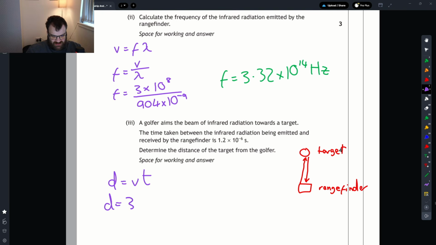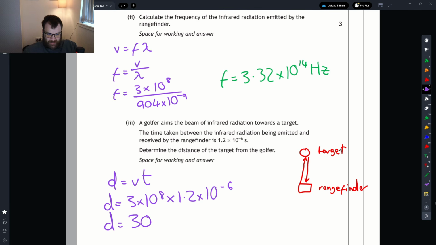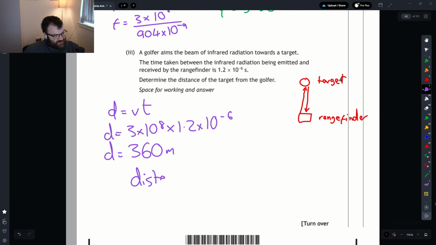So d equals 3 times 10 to the power of 8, times by 1.2 times 10 to the minus 6, which gives 360. The distance to target is going to be half of that.